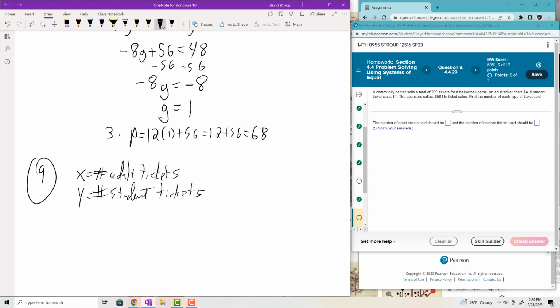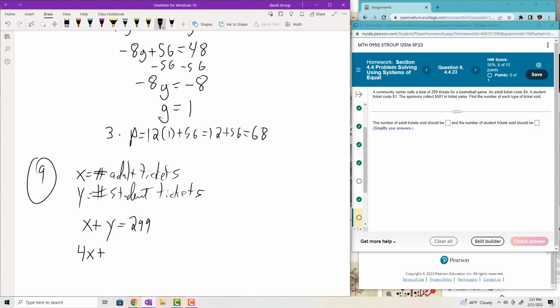And so it says the community center sells a total of 299 tickets. So the number of adult plus the number of student tickets must be 299. An adult ticket costs $4. And so the amount made from the adult tickets would be 4 times X, 4 times the number of tickets.